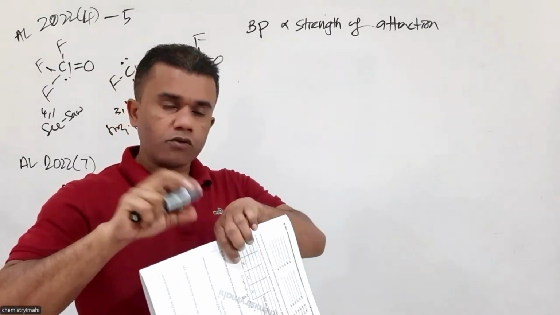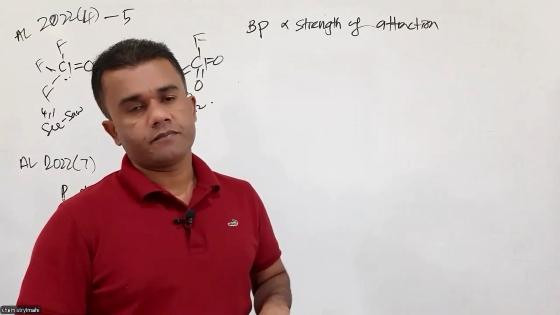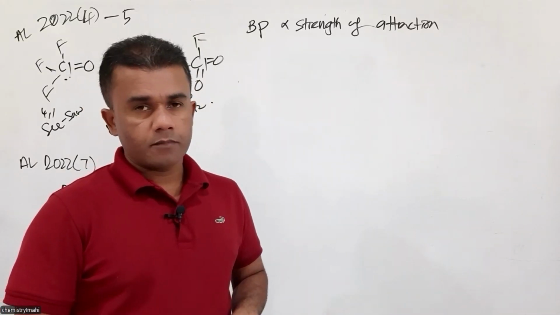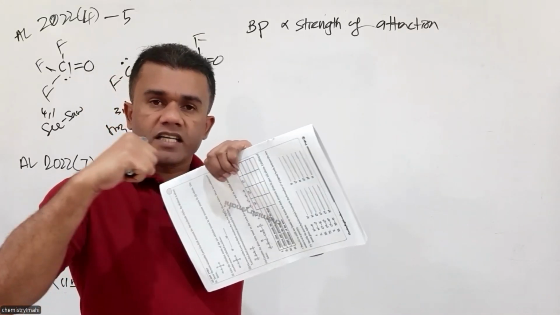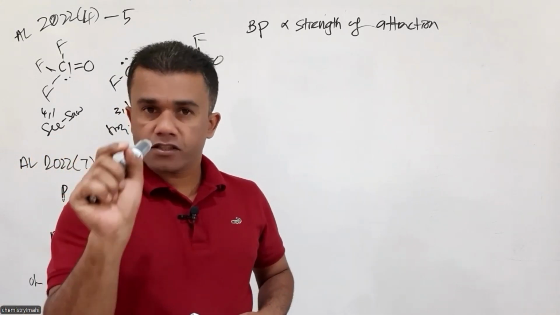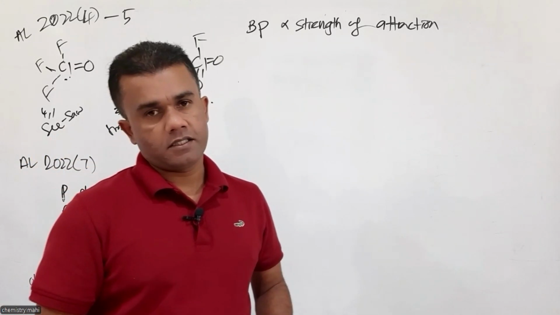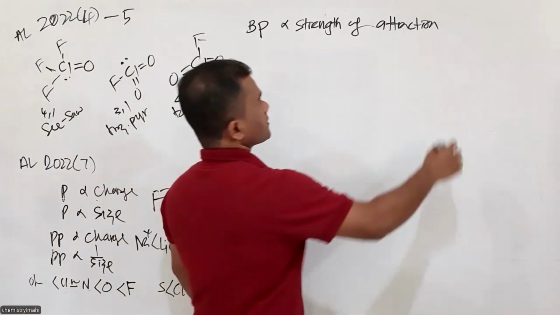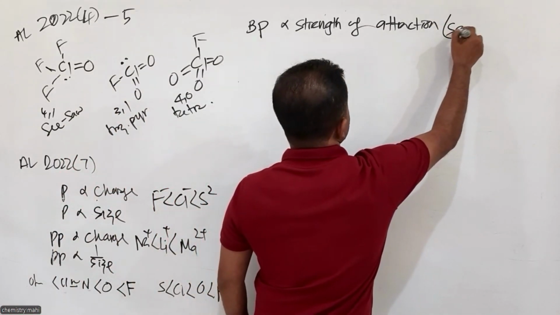In that case, between two molecules there is an attraction, and that's what we consider here. Because in boiling, two particles are separated, and this ability to separate depends on the attraction between them. So it is actually the secondary attraction.